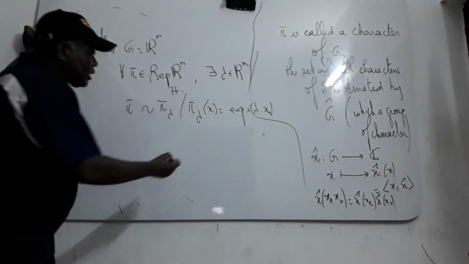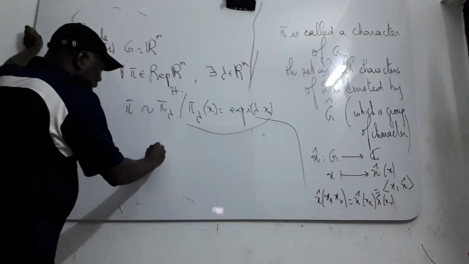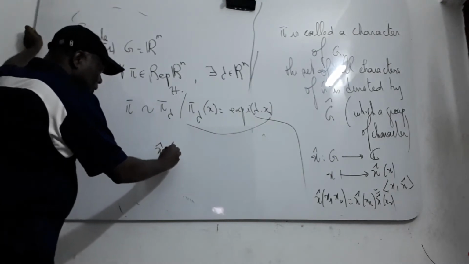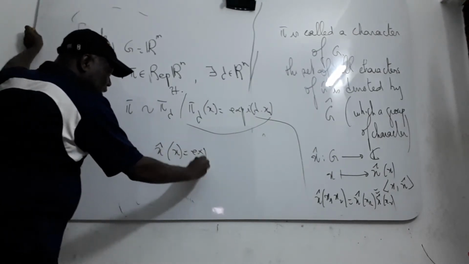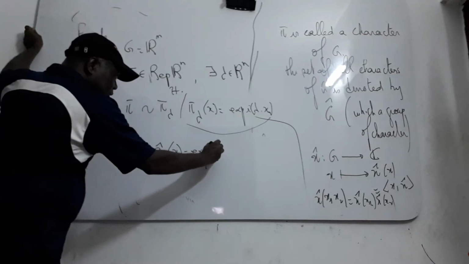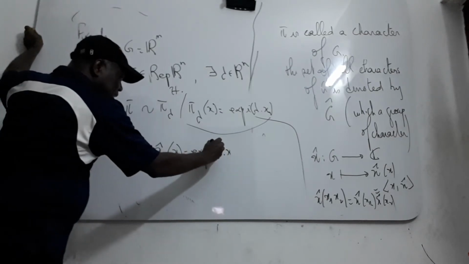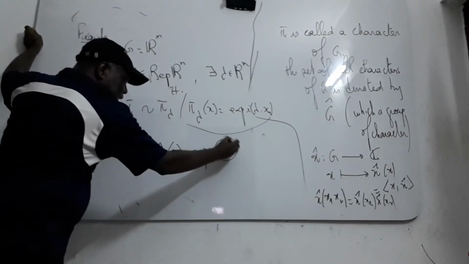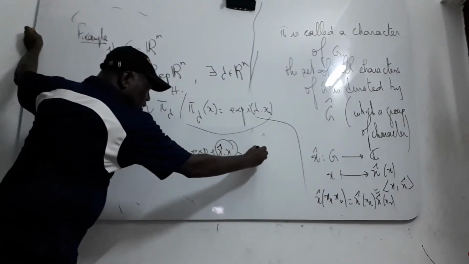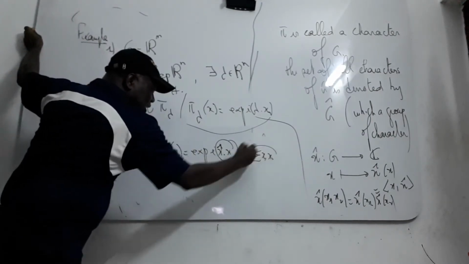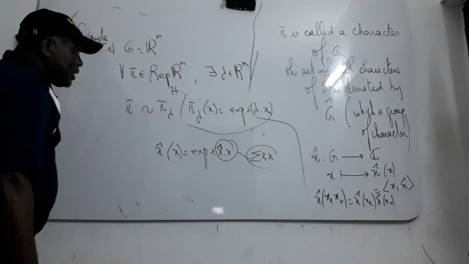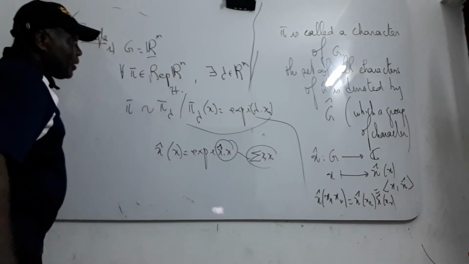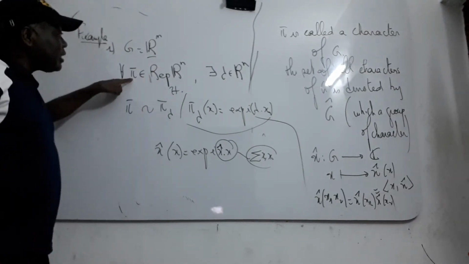Here the notation is h of x equal to the exponential of i h x, where h1 h2 is just the scalar product in R^n. Then for all pi, you can get lambda here.